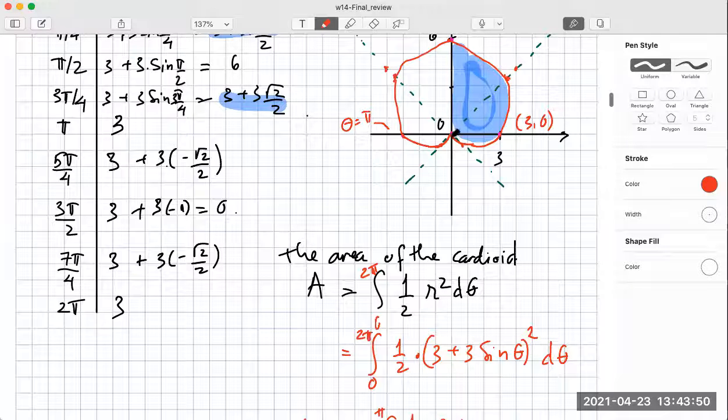If you compute this explicitly, it will go up to here to 0 and continue until it reaches theta equal to pi/2.